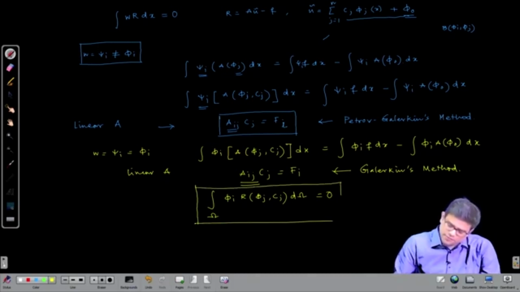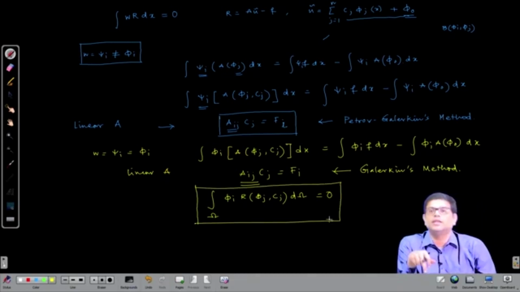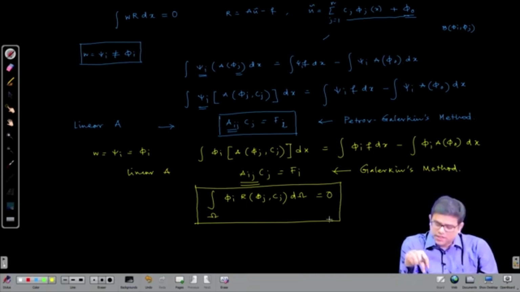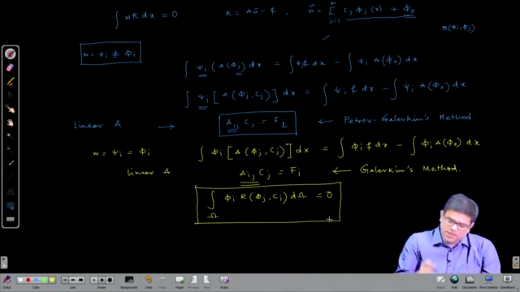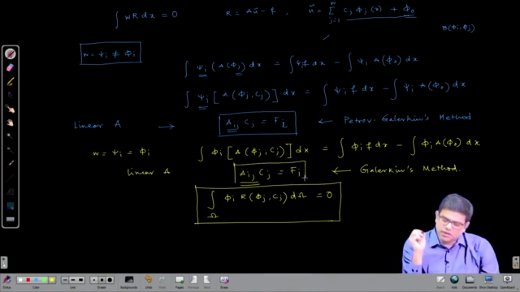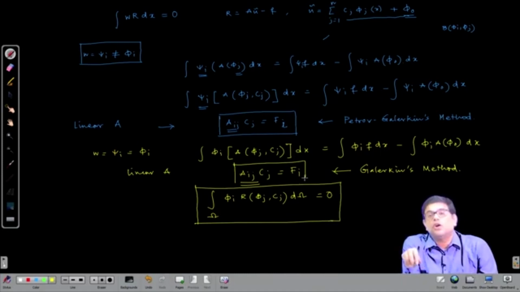This is not the Rayleigh-Ritz method, because here, in case of a linear A, we get something like this, but we do not form or achieve it through integration by parts.